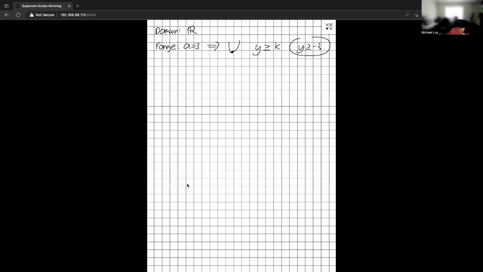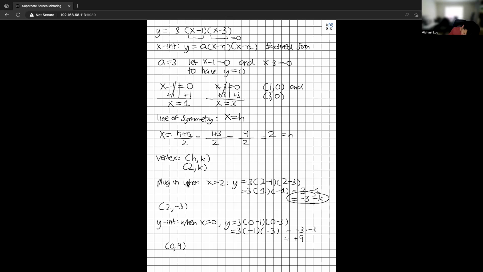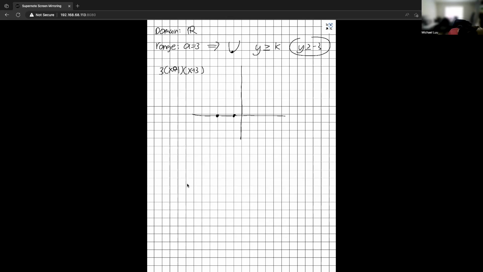Okay, now I plot it. I plot all the information that I have into my graph. I have (1, 0), (3, 0), and (2, -3) for my vertex.